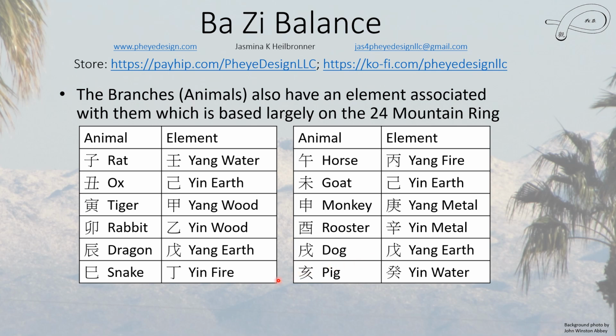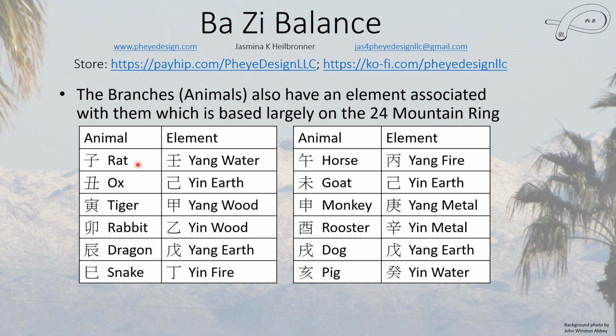So all of the animals, that is the branches, also have an element associated with them. And it's largely based on the 24 mountain ring. So the rat and the pig, if you look at the element that's next in the 24 mountains clockwise direction, they'll be water.